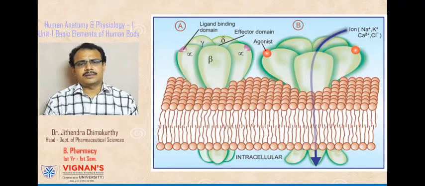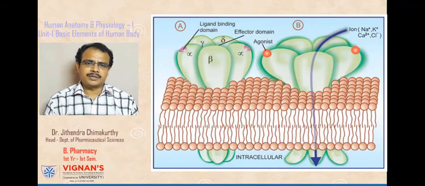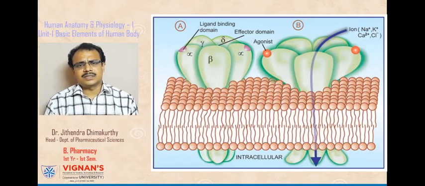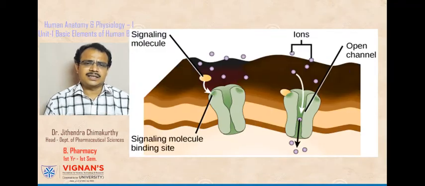These membrane proteins are also called transmembrane proteins or transmembrane receptors because they extend from one side of the membrane to the other side of the membrane, and they have three components. The one which lies outside the membrane acts as a receiver for the signal molecule, also called the ligand.